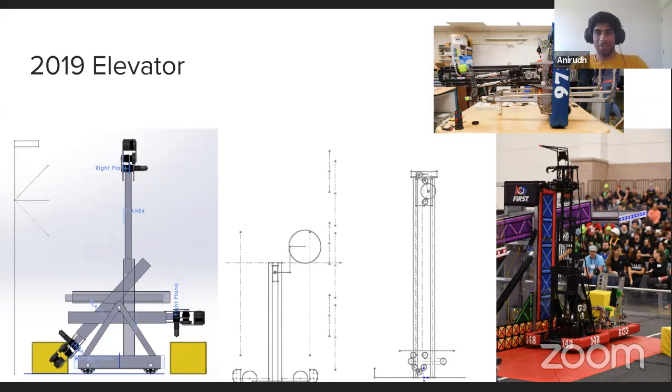As for other mechanisms, I would say it's probably the 2020 shooter. I obviously can't reveal what we did, but iterating on a shooter is kind of fun because you get to make something that shoots stuff really fast. Sean?